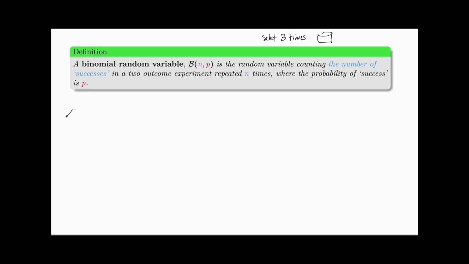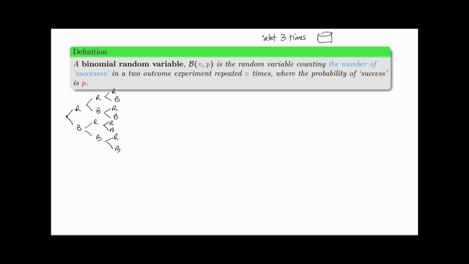You can have red or blue in the first trial, the second trial, and the third trial, and you stop.